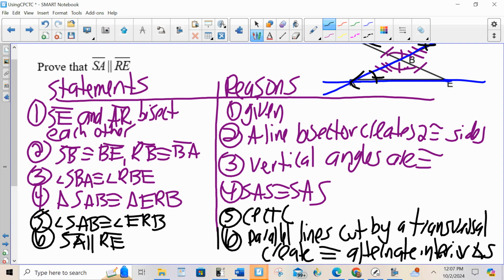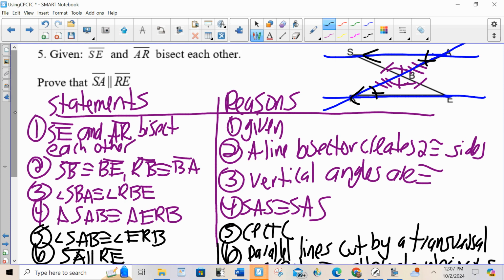So, very important, not just for this lesson, but for other lessons that will come up. If they want you to prove parallel, whether it says to prove parallel or whether we need that for something else, I need either alternate interior angles to be congruent, alternate exterior angles to be congruent, or corresponding angles to be congruent.